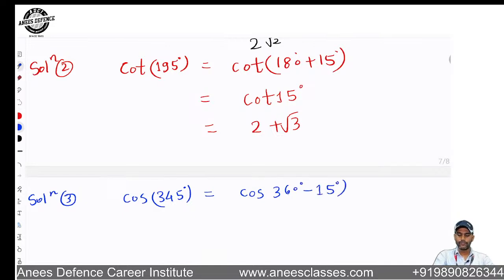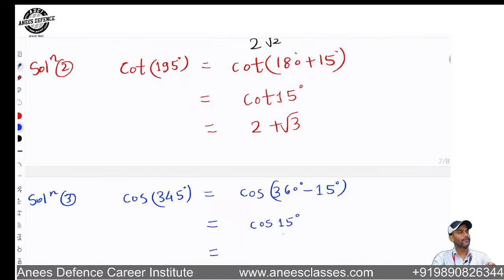Yes or no? Now 360 is an even multiple of 90, so the trigonometric ratio is not going to change. In which quadrant does it lie? Fourth. In the fourth quadrant, cos is positive. So again it would be cos 15 only. Yes or no?